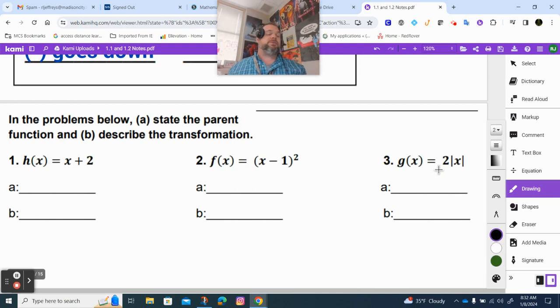Let's look right here at number 1. I don't have an absolute value sign. I don't have a little exponent. So which one is this? It's a linear. Okay. So that's what you're going to do for part A for all of these.